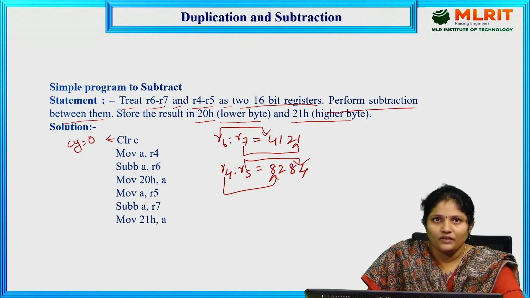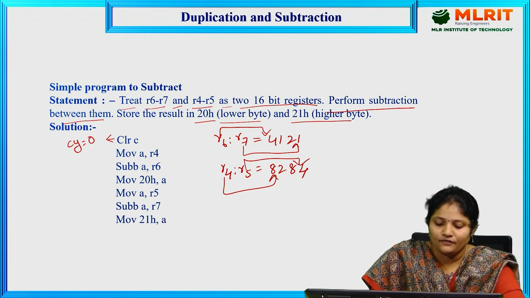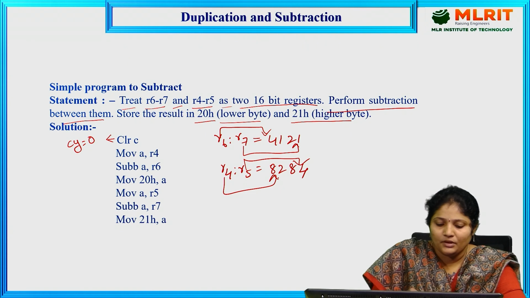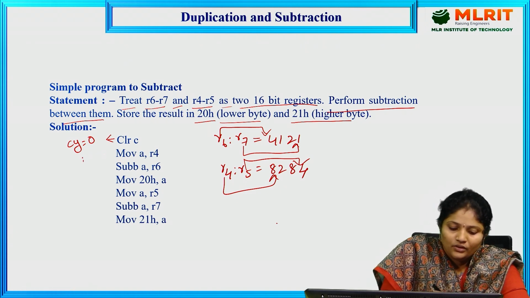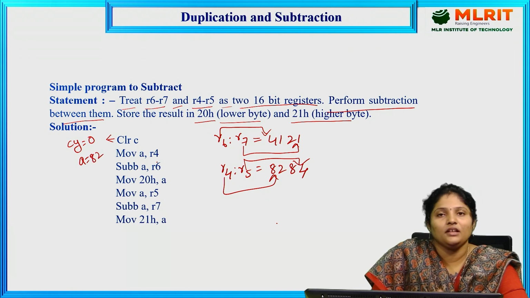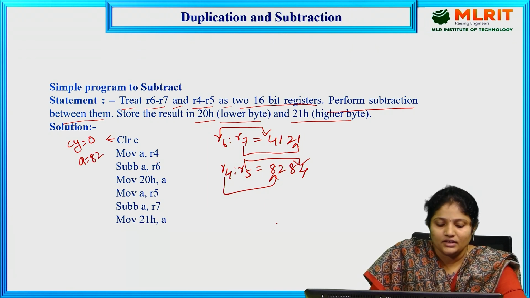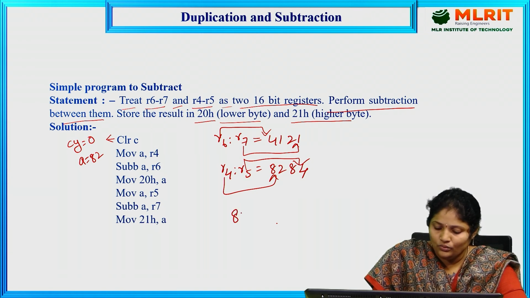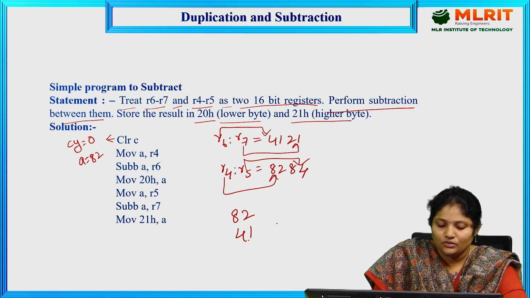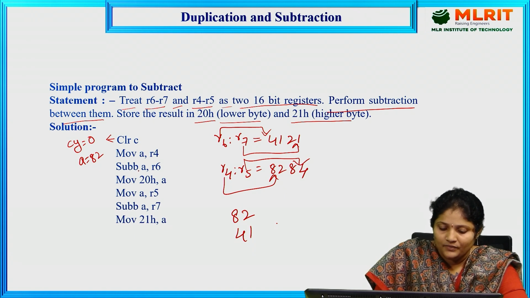Now we are moving the highest byte of R4, highest byte of the number. So what is the data present in R4 here? 82. So A will be having 82 after performing the execution of this instruction. Now we need to subtract the data. 41 will be subtracted from the 82. So the data present in R6 is 41, need to be subtracted.